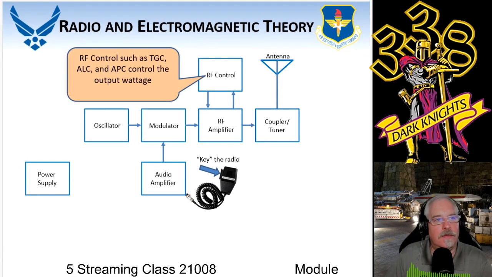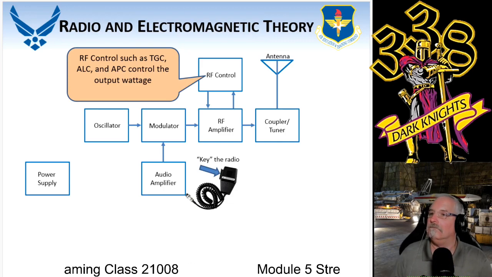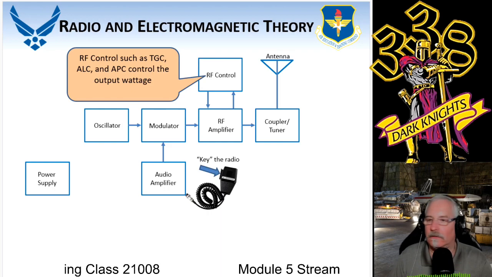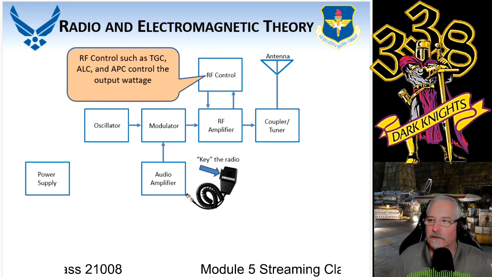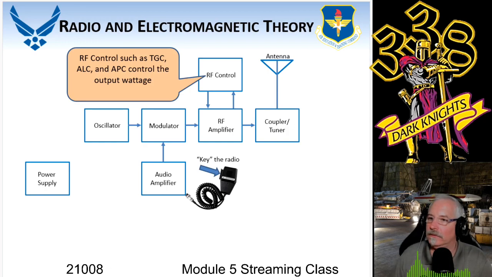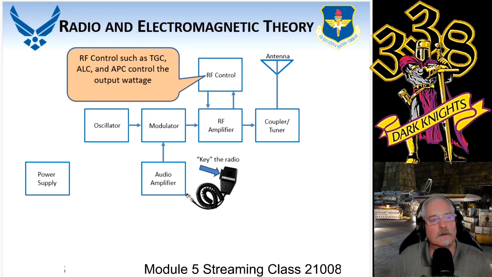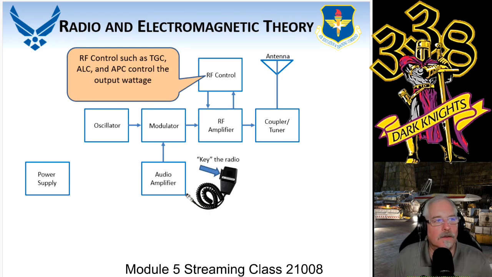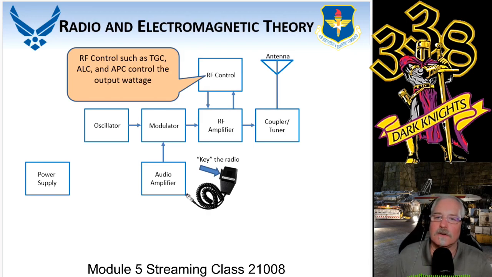And then we're going to control it, because the last thing we want to do is get it out of sorts. If I want 10 watts and I get 20 watts, I got a problem. Or if my radio is producing 10 watts and I only get 2 watts, might be a problem. Now, it comes under different names for RF control. You're going to see this throughout the course.